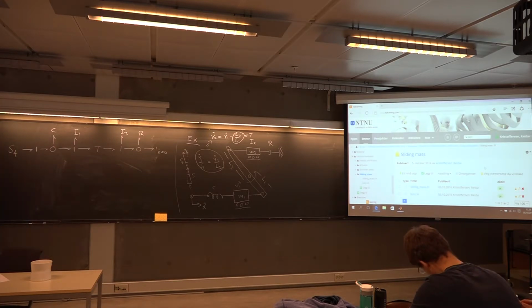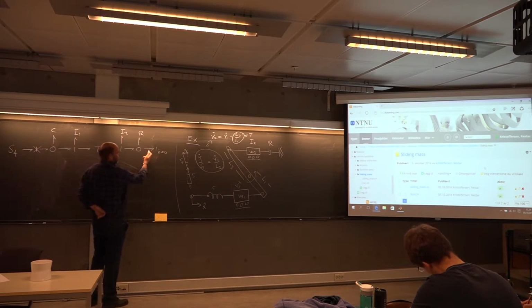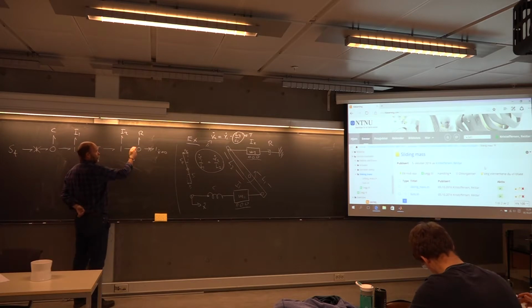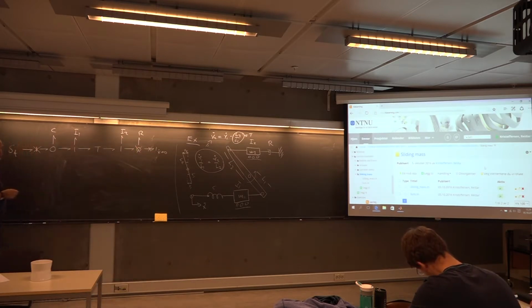Okay, can we simplify here a little bit now? Yes, this one junction disappears. Here, this bond will disappear. It has 0 power. Then the 0 junction has only 2 bonds, so it also disappears. So we simplify the bond graph to the following.